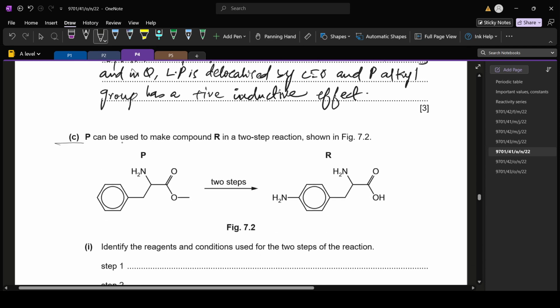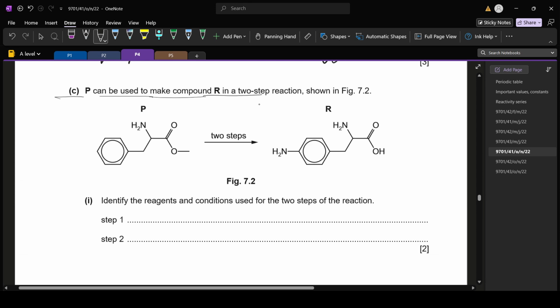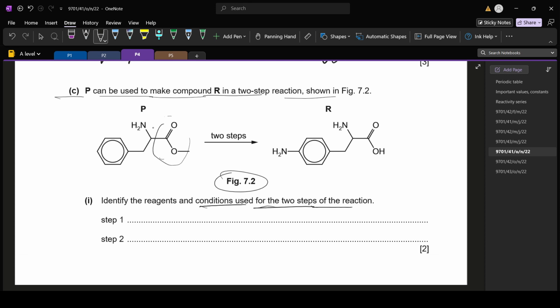Now part C. P can be used to make compound R in two-step reactions, shown in figure 7.2. Identify the reagents and conditions used for the two steps of the reaction. So now this ester group is changed into this carboxylic group, and there is another amine, phenylamine, formed.